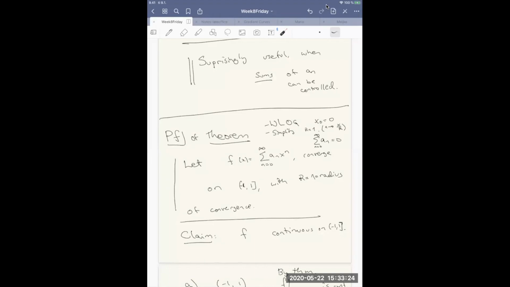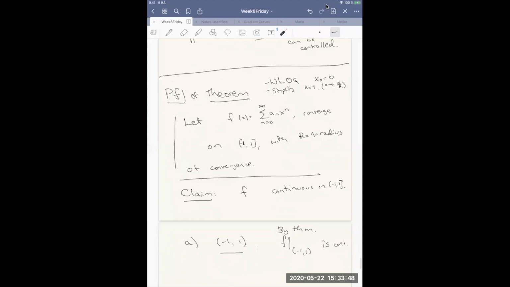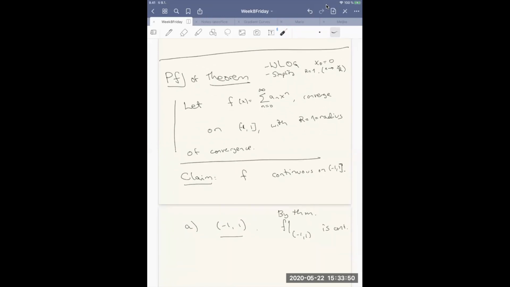Let's fix some things in our proof. So we are considering a power series that we know converges on the half open interval up to 1. And we can normalize the center, x_0, to be 0, and the radius to be 1. This is obtained by translating and scaling the variables in such a way that our radius of convergence is actually equal to 1.